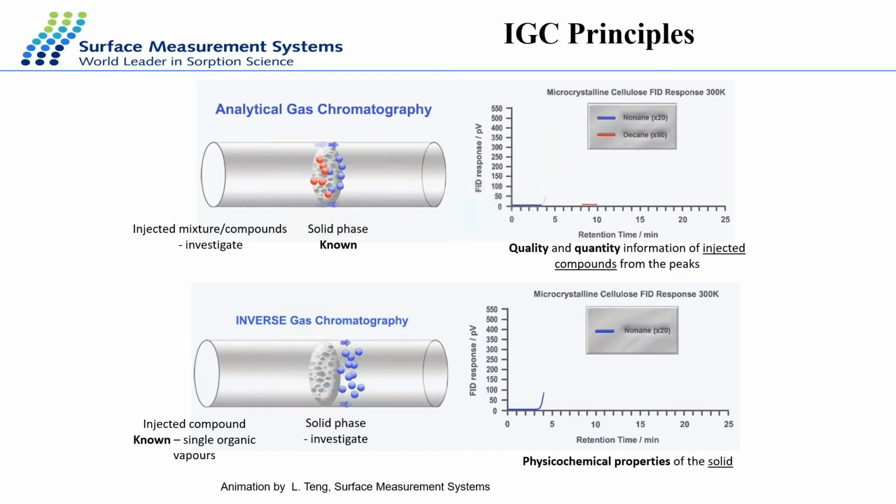And we inject the single organic vapors through the column, which is packed with our sample. And we measure the retention time of the different organic vapors. And from this retention time, the different physical-chemical properties can be determined. Because this retention time will indicate the interaction strength between the solid surface and the injected probe.